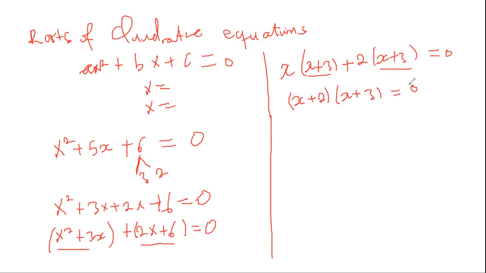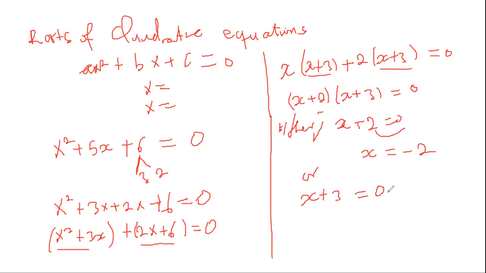So now from here we can say either x plus 2 is equal to 0, and once the 2 crosses the equal sign, then x becomes equal to -2, or x plus 3 is equal to 0 and x would give us -3.